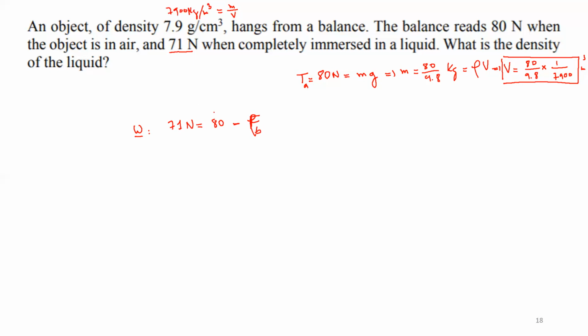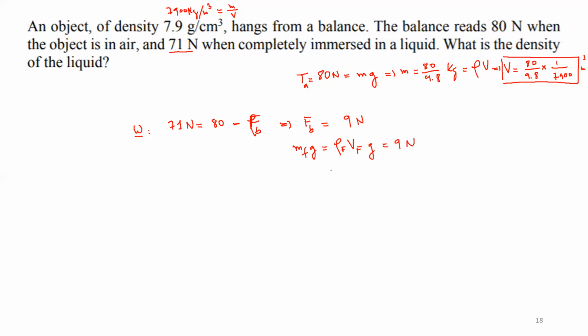Apparent weight is equal to real weight minus buoyant force. That means that the buoyant force is equal to 9 Newton. Now, what is the buoyant force? Of course, it will be mf g. What is mf? As you know, mf is rho f Vf g, and this is equal to 9 Newton.